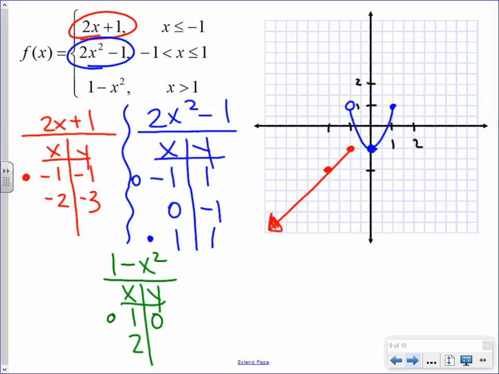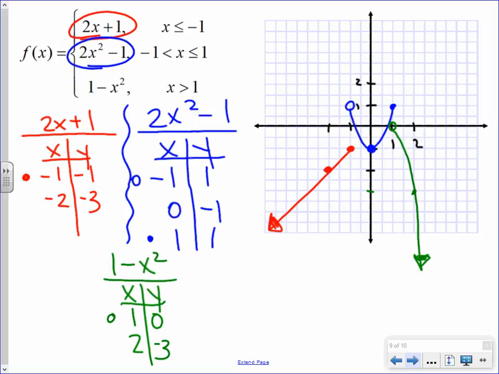So we have 1, 0, we have an open circle. When we plug in 2, we get negative 3. And we know that that is a parabola. That's going to keep going. Okay? So we have 3 pieces for one function.